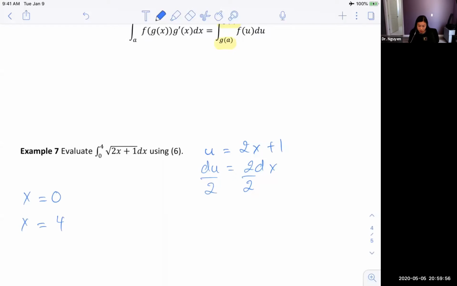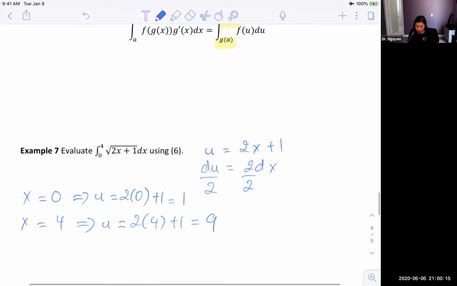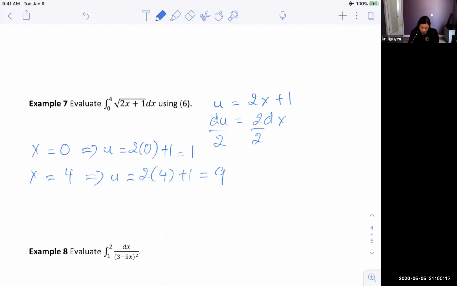You're going to have to use u and plug it in, right? So if x equals 0, u is going to be 2 times 0 plus 1, so it's going to be 1. x equals 4 is going to give me 2 times 4 plus 1, so that's 9. So now, when you plug in the integral, instead of 0 to 4, we have 1 to 9, 1/2 square root of u du.